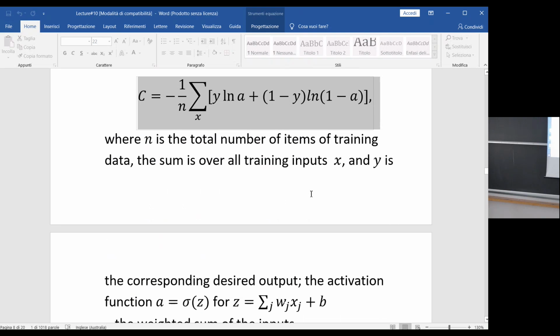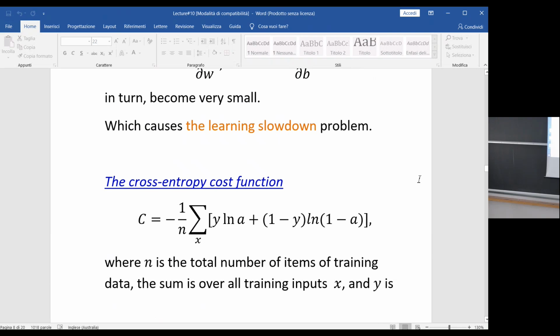And this function is also a cost function, because when a and y are near in their values, C tends to 0.